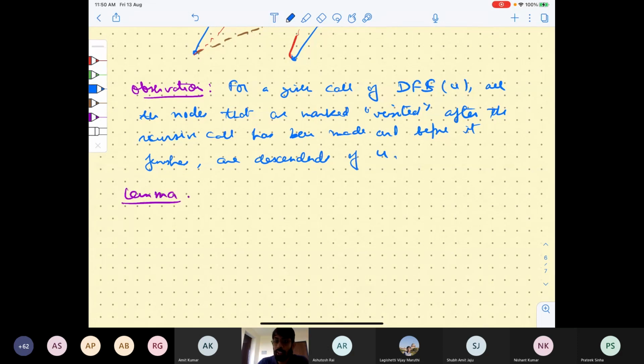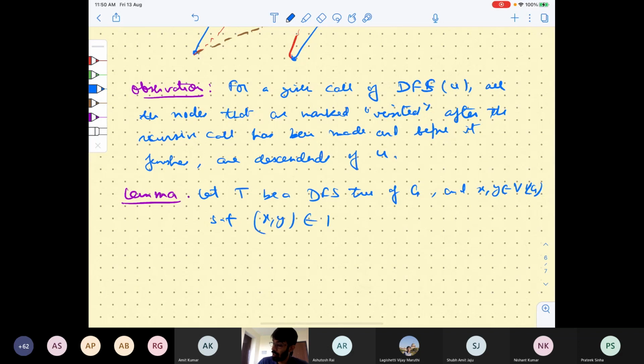And what does the lemma say? Again, the language is similar. Let T be a DFS tree of G and xy be in E(G) such that xy is not a tree edge.